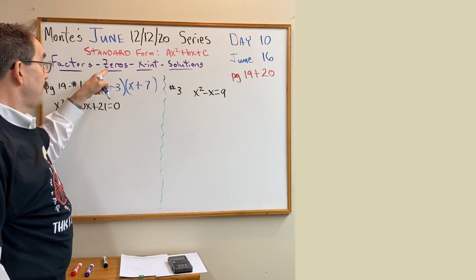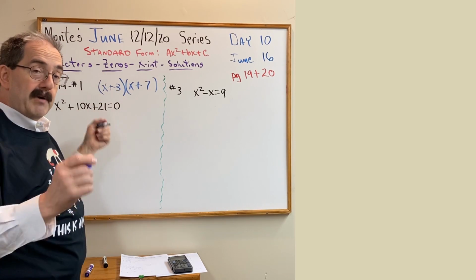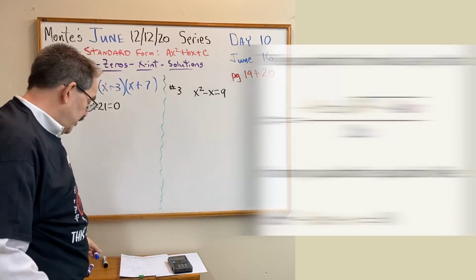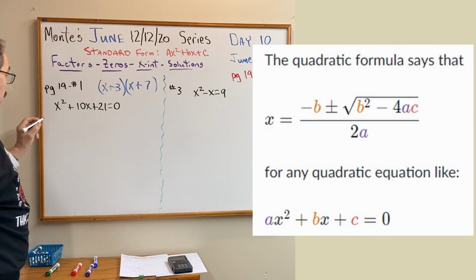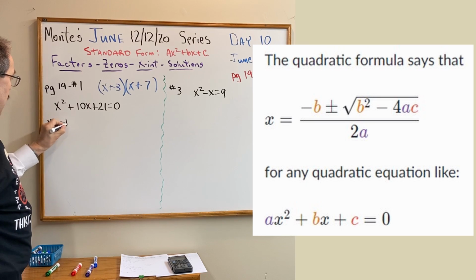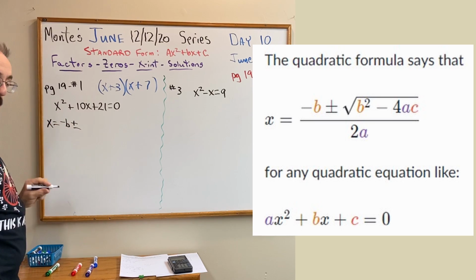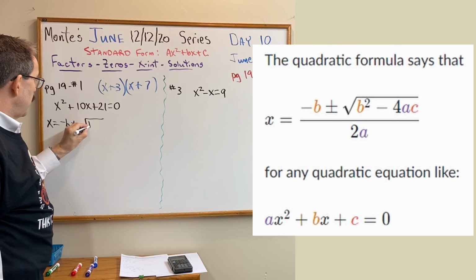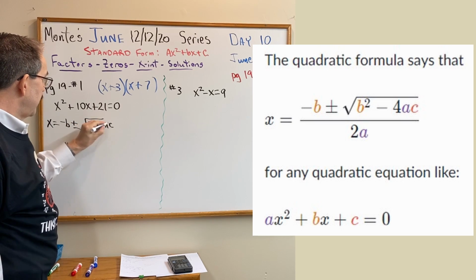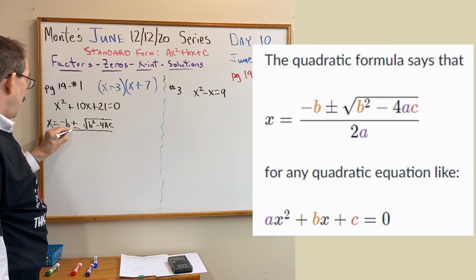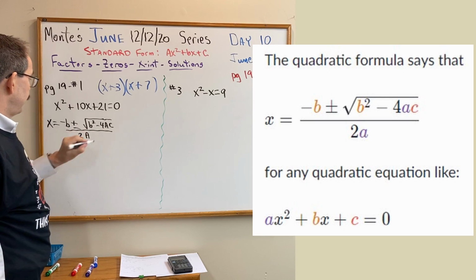There's the factors. There's the answers. Okay? Now, we can use this, but I want to use the quadratic formula so you see that it's perfect. It works every time. Okay? So let's write out the quadratic formula. X equals the opposite of b plus or minus the square root of b squared minus 4 times a times c, all divided by 2a.